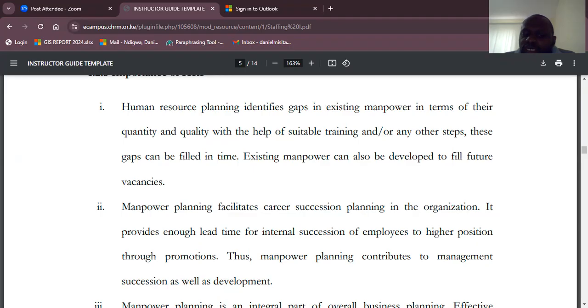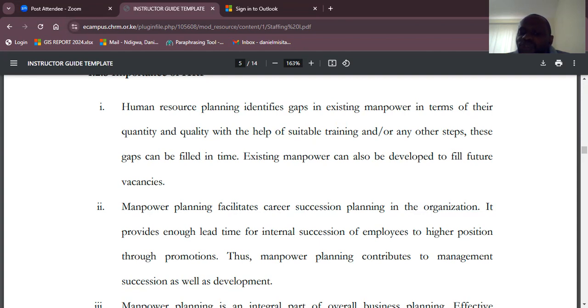The other thing is that manpower planning facilitates career succession planning in the organization. Remember, it is every person's desire that if you're in a certain position, in one way or another, you will always want to get a promotion. That is our desire as employees. So in the event you get a promotion, it is the work of human resource planning to facilitate that progression or succession, where those people who are going for new positions will be able to transition more easily into their new positions.